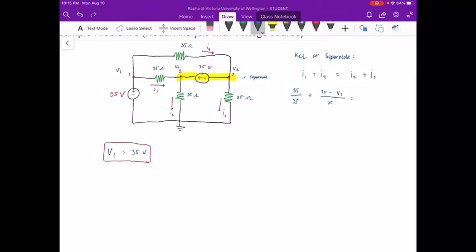We have the voltage at node 2, V2, over 35 plus I3, which is represented by V3 over 35.